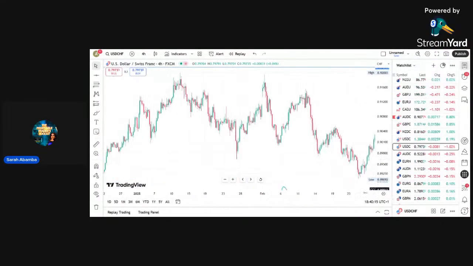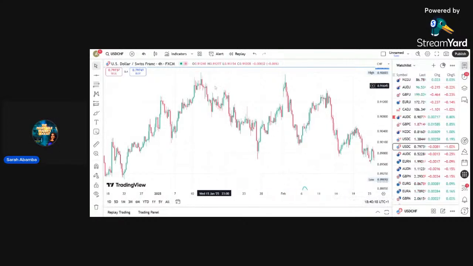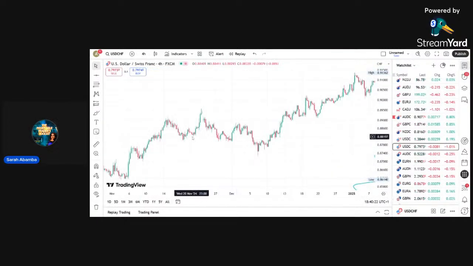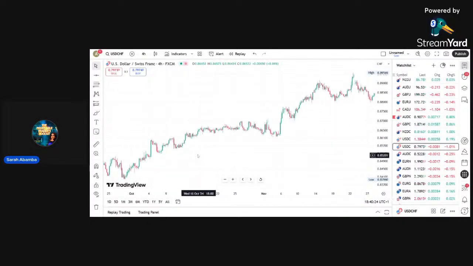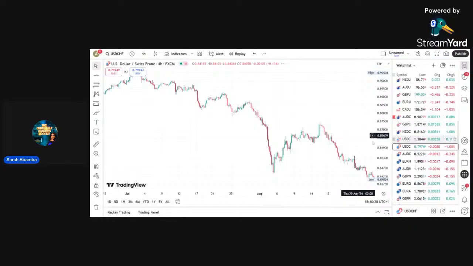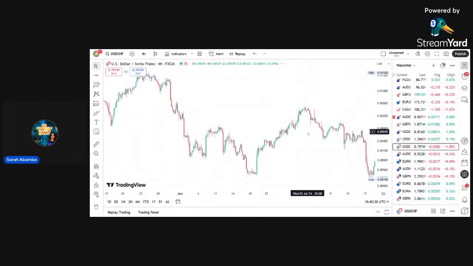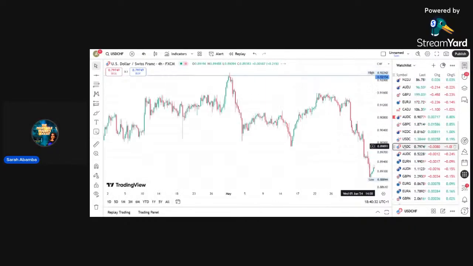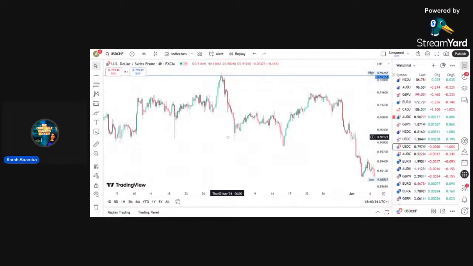Okay. Although this one is looking like. Let me look for another example. This one is not really giving enough. Let's look for another example. This head and shoulders pattern is big and wide.